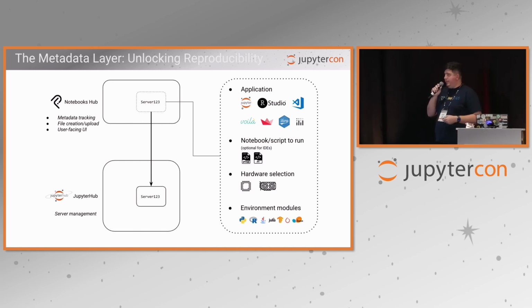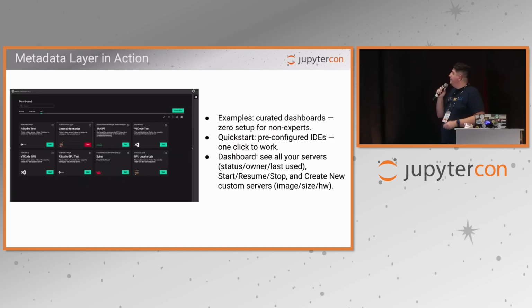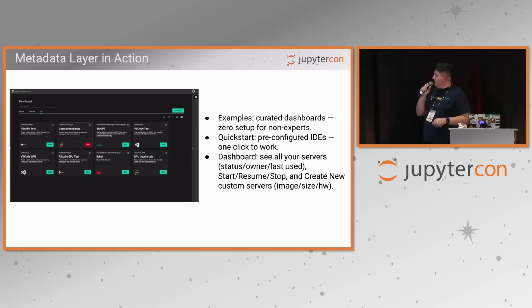But you can also have additional things like what file to open when you open your dashboard, or what hardware you want, or different environments. With this kind of approach, we were also able to build a very nice UI, but everything runs on top of JupyterHub.